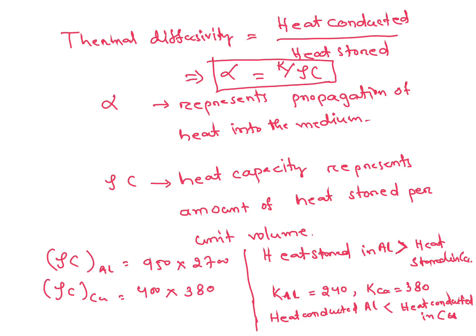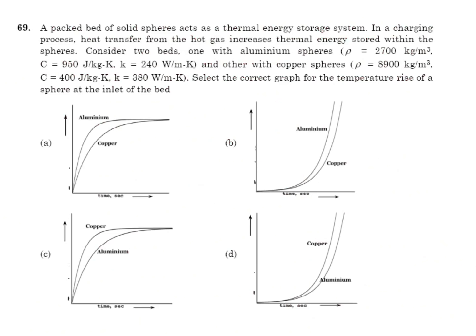And one more thing is important here: from the data, the thermal diffusivity of aluminum is less than that of copper. So here copper is above, so this is not possible. C, D also not possible. First is the correct graph.